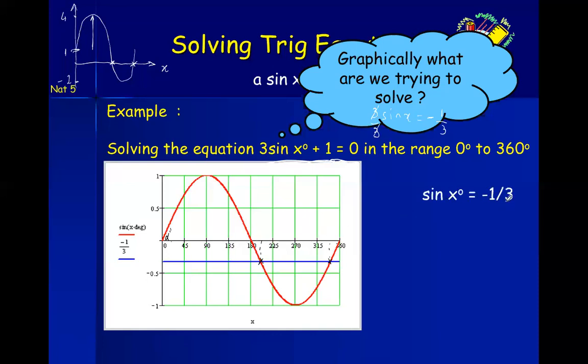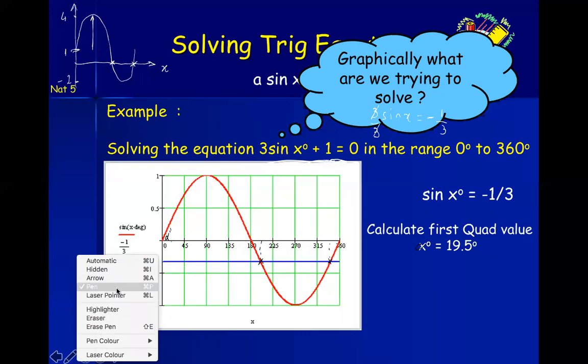So sine x equals negative a third. First quadrant alpha is 19.5. I would rather people write alpha, to be honest, because when you put x, it's a bit leading.